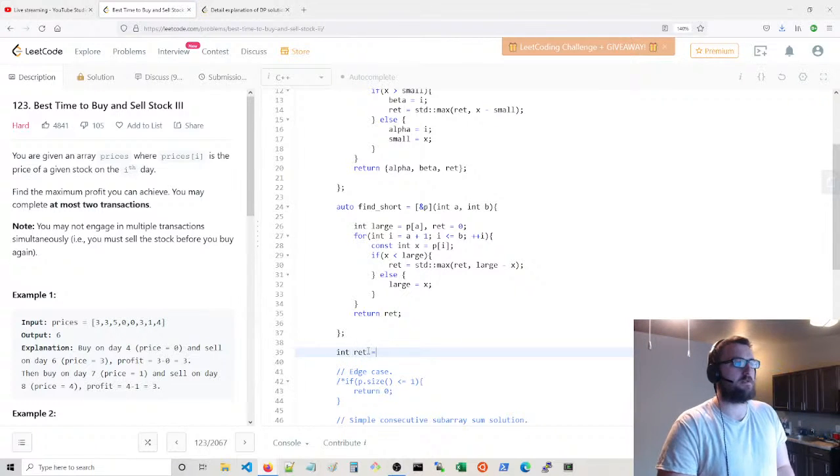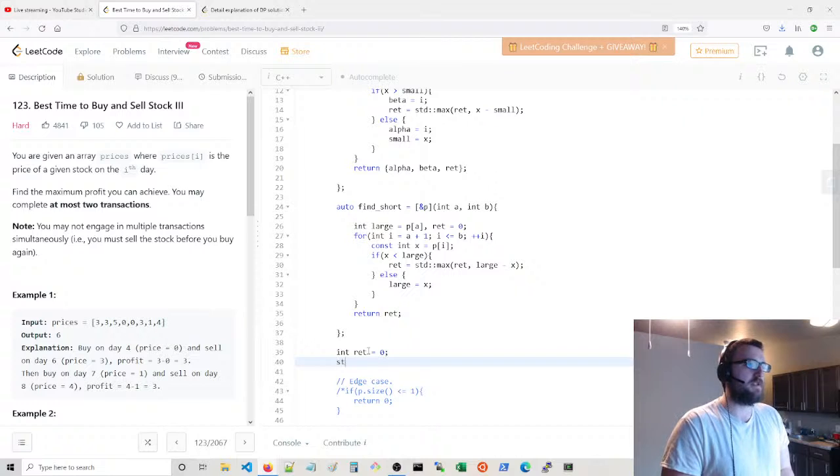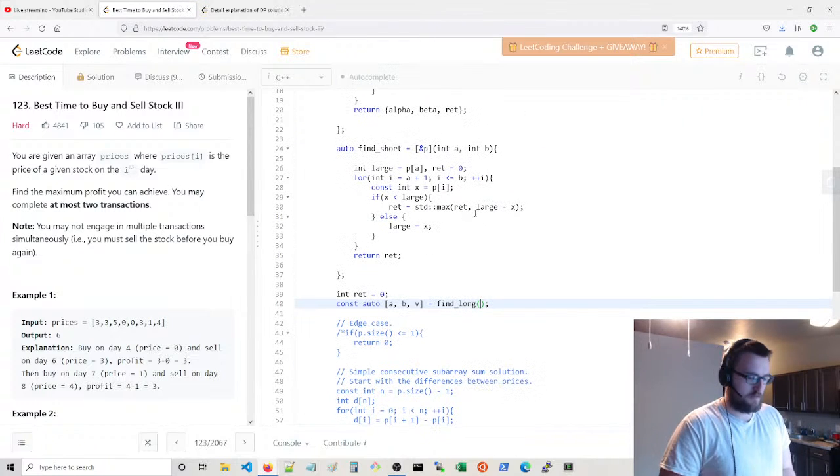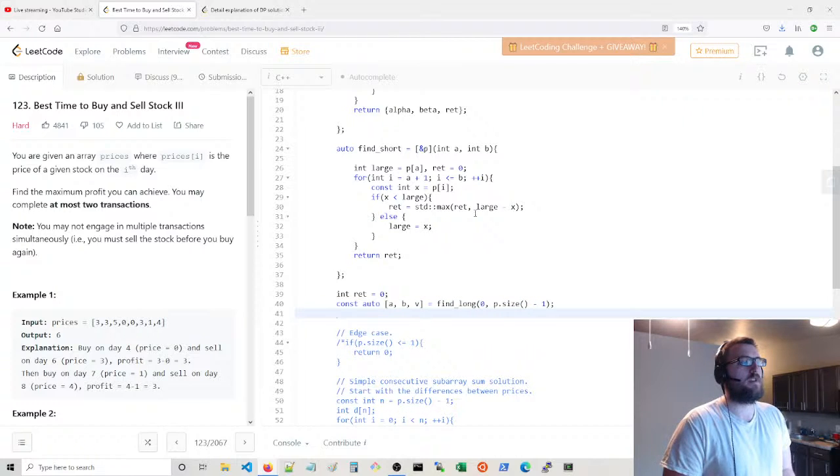So we have int ret equals 0. We're going to say const auto a, b, v is going to be find long over 0 to p dot size minus 1, and then ret equals std::max of ret and v.